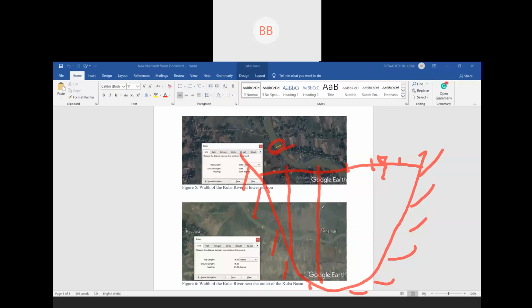So it depends on you how you are going to divide. Here, if it is 70 meter whole width of the channel, we are going to divide into 10 meter sections, for example.